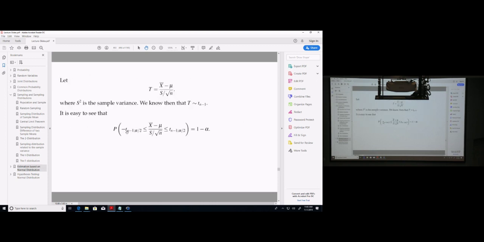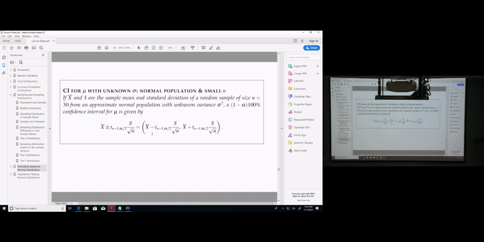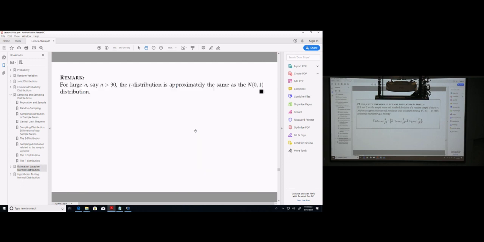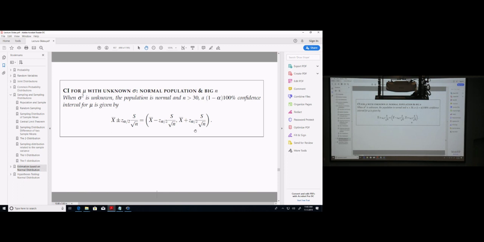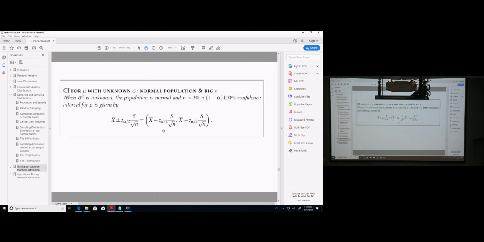So you just change sigma to S, and the standard normal number to the t distribution value. Note this is for large n, because for large n, this number is almost like z alpha over 2. So things are actually related.